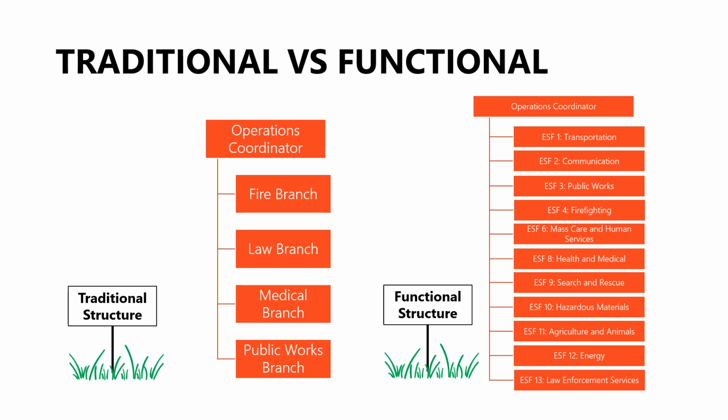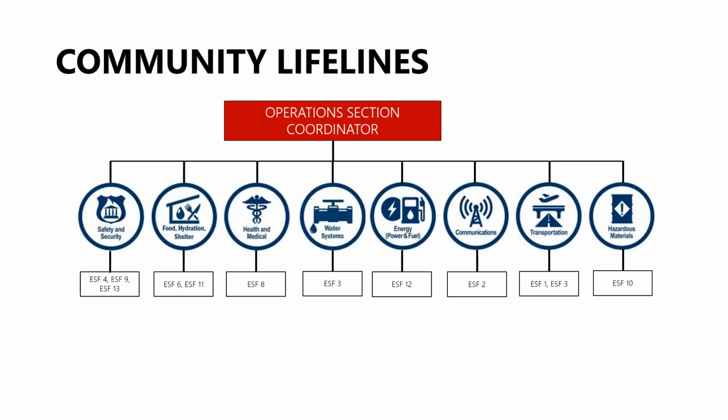Several years ago, we switched our emergency operations plan, and the structure started to align with the state and federal emergency plans more closely. In 2019, FEMA developed the Community Lifelines construct to increase effectiveness in disaster operations and better position agencies to respond to catastrophic incidents.